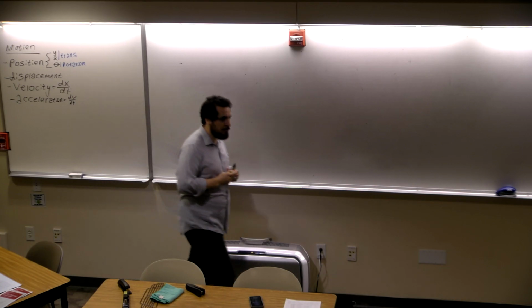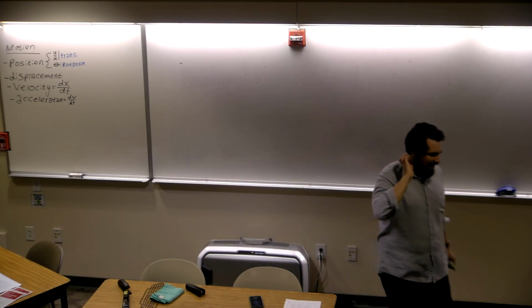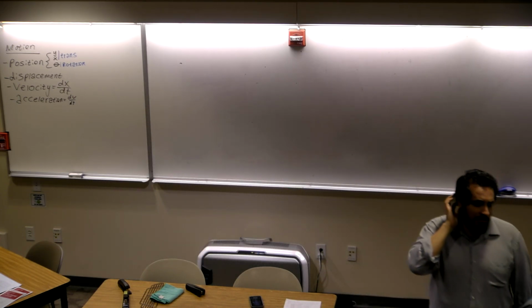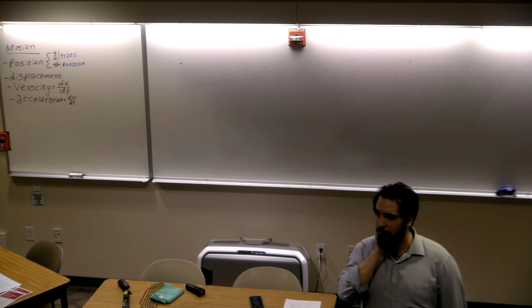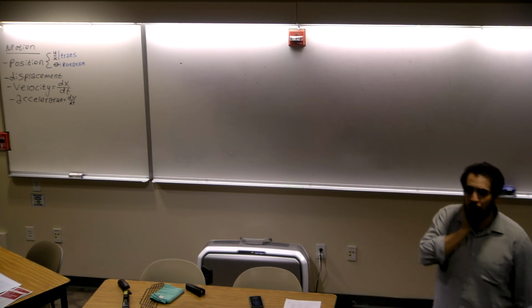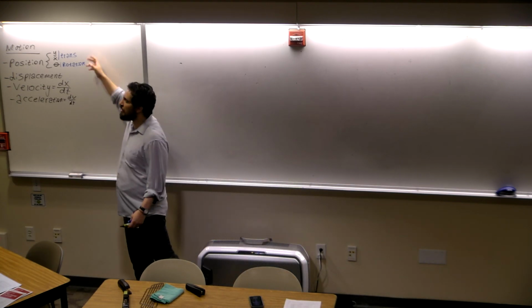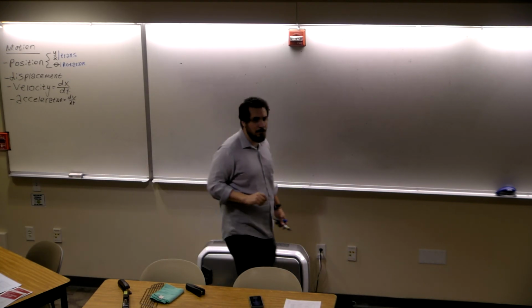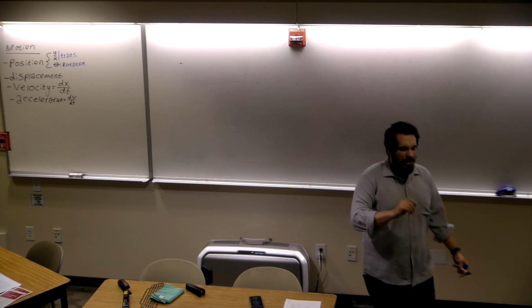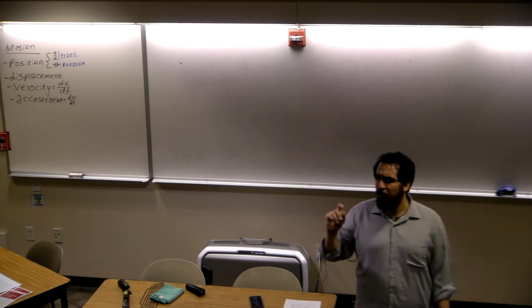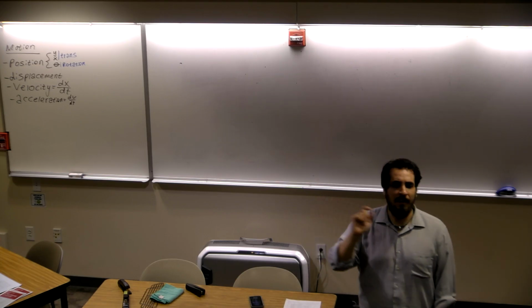Translational motion and rotational motion. And any motion we look at, we can describe using either quantities. Sometimes it's more convenient to use one or the other, but any motion can be described with either translational or rotational motion. So then the question becomes, if we can describe any motion either way, how do we connect the two, right?